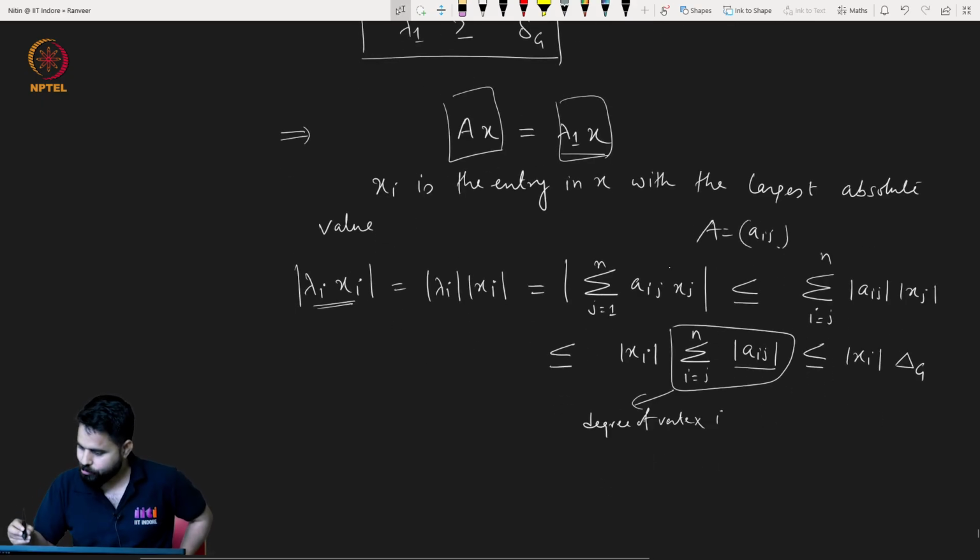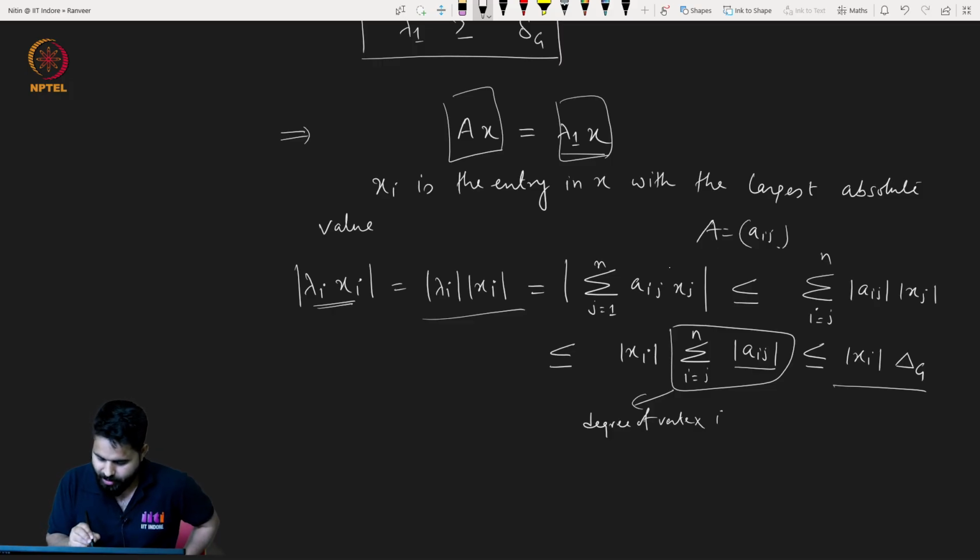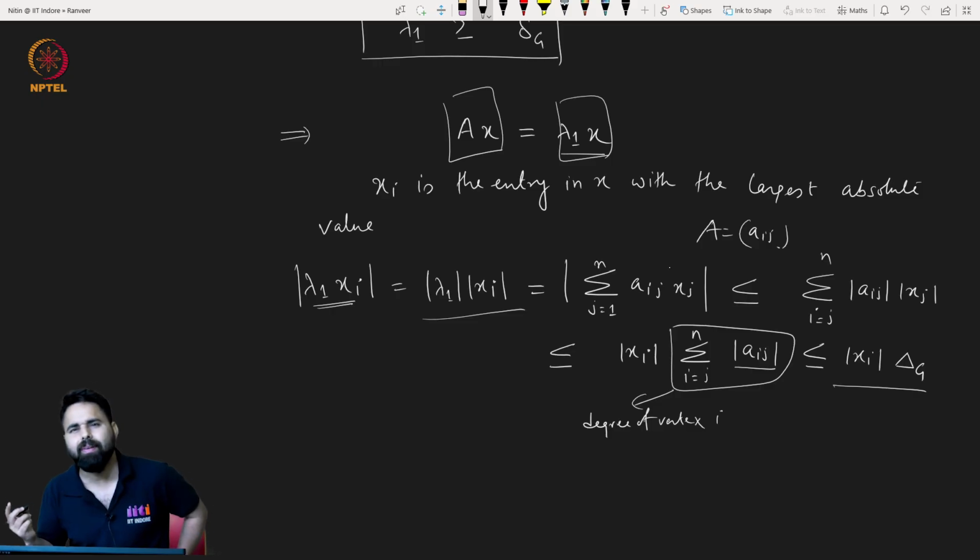Now we can relate these two quantities, this one and this one. I am making one mistake here. This is lambda 1, I am extremely sorry. So this is lambda 1, and lambda 1 is always positive, by the way.